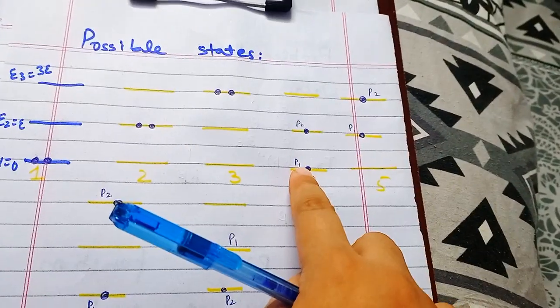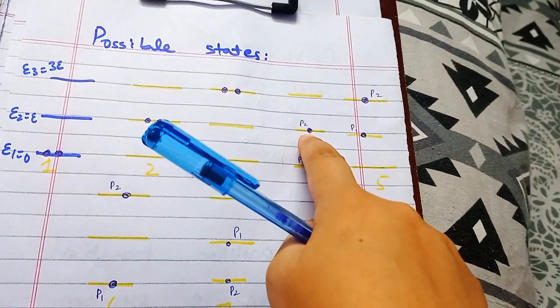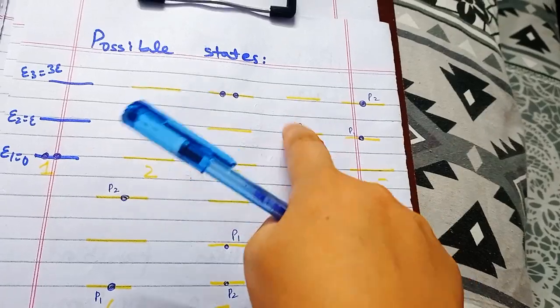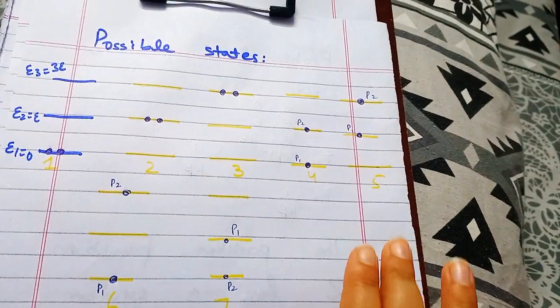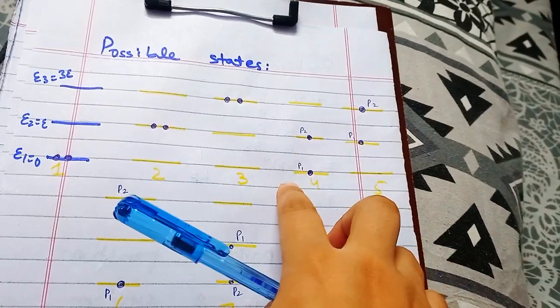For example, this is Sarah and this is Amna, and there could be another combination where this is Amna and this is Sarah. This can only happen if you can distinguish between them.